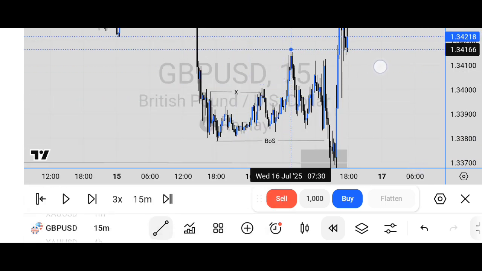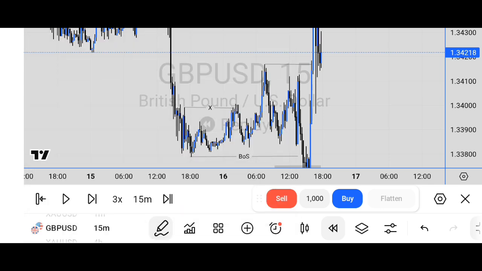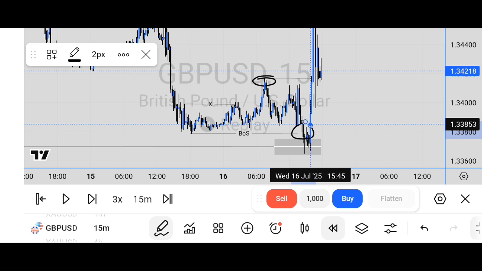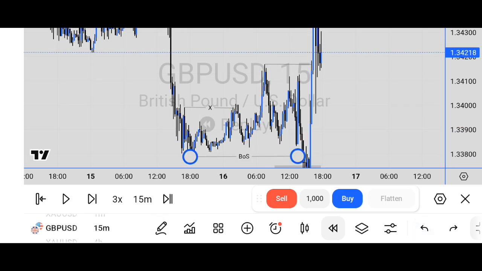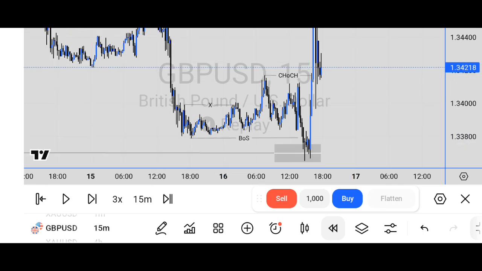So this high, if price should close above this high, because it is this high that gave us our break of structure right here, if price should go and close above this high, then we have a change of character. You understand?